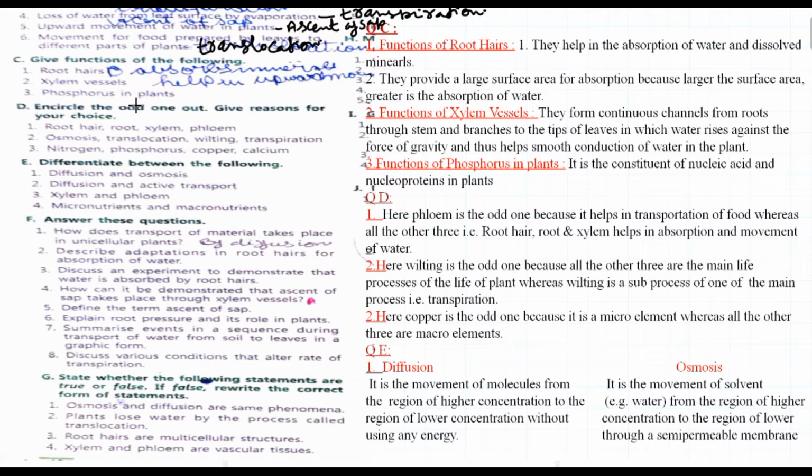Let us move on to the next question. Give function of the following: root hairs. Here is question C, its first part is functions of root hairs. First, they help in absorption of water and dissolved minerals.